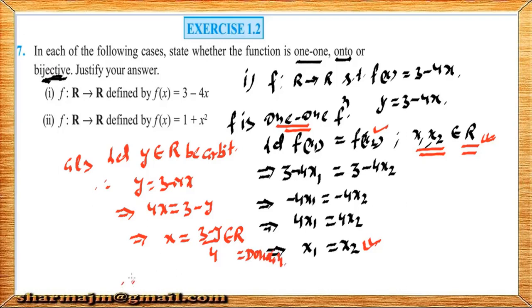So therefore, for each y in codomain, there exists some x in domain. Therefore, f is onto, and f is 1-1 and onto. Therefore, f is an invertible function, and we can say it is bijective. So f is a bijective function.